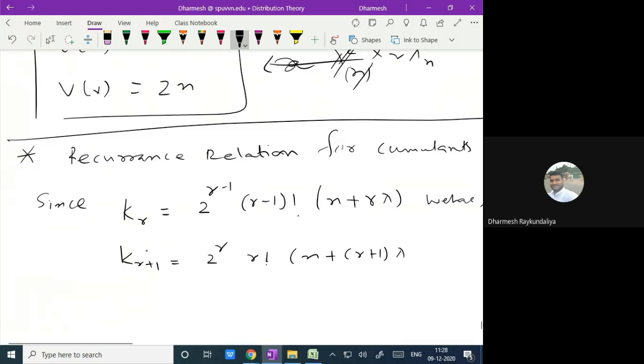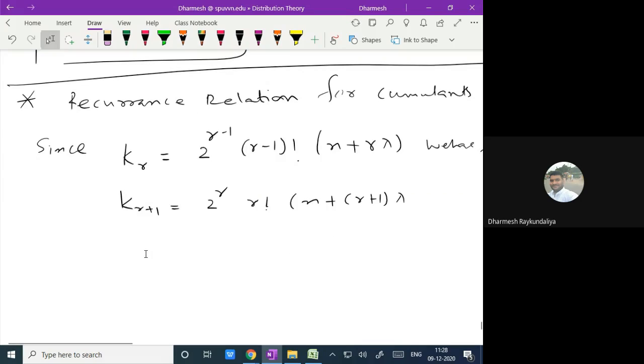So what will you get? Anyone? Can we write this as 2 into 2 raised to r minus 1, r into r minus 1 factorial, in bracket n plus r lambda plus lambda?